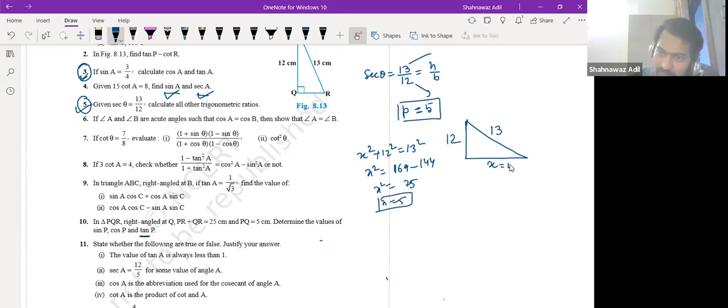Then we have to use all the ratios. Let's say this is theta. The base is given, which is 12, and this is 5 that we have. So sine theta would be p by h, which is 5 by 13. Cos theta, tan theta, and all these things we can calculate, right?